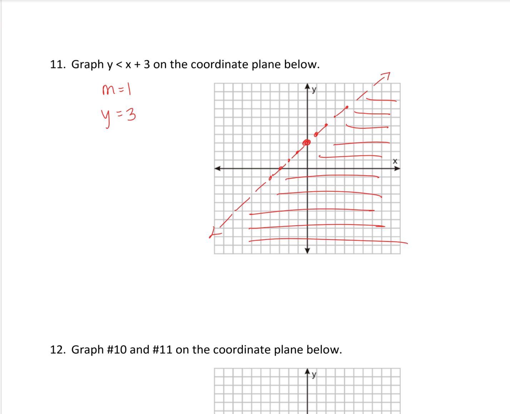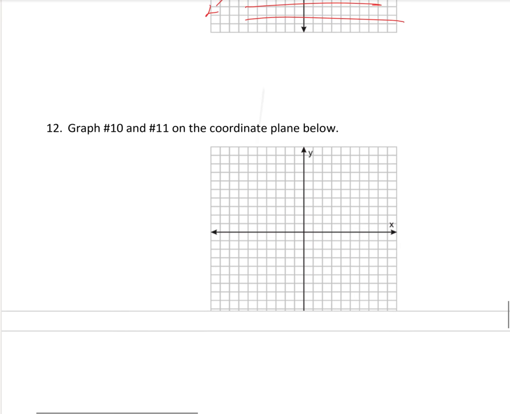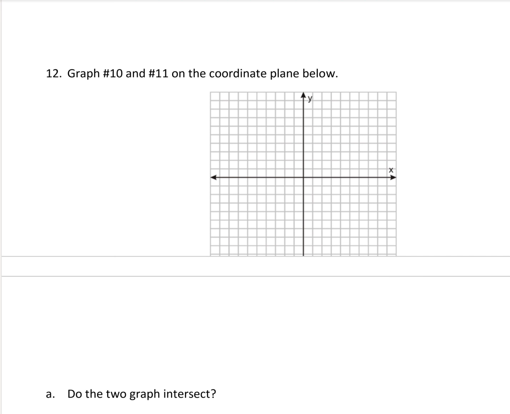Now, of course, we're going to combine them for our next problem, 12. So again, I'm going to draw them in different colors this time. I have y greater than x squared plus 1, and I'm going to do y less than x plus 3.